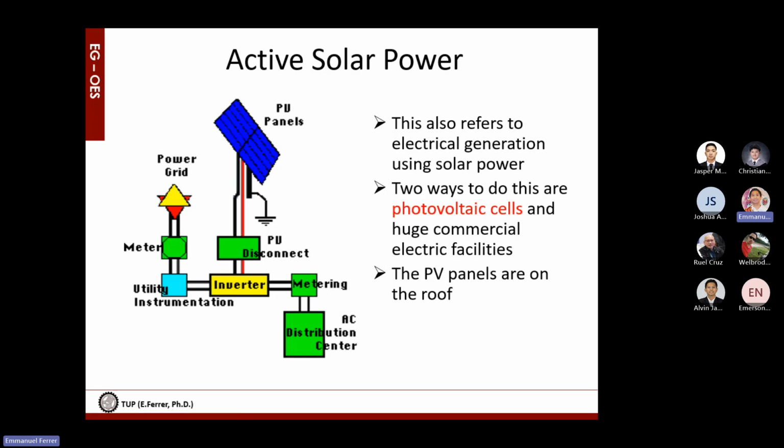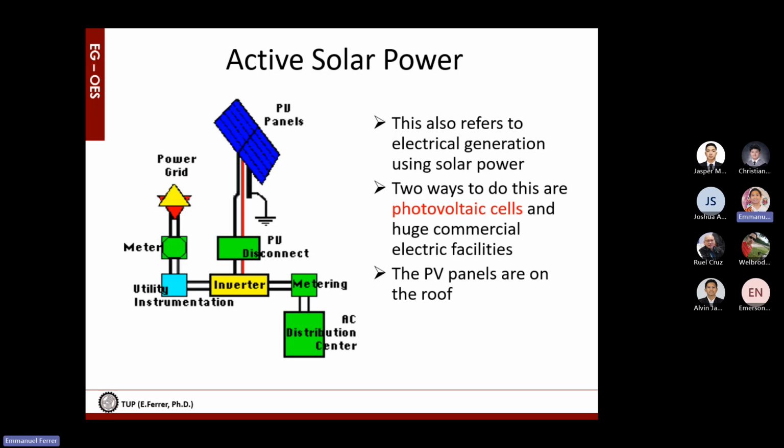Siyempre may requirement yon. So for example sa'tin sa Pilipinas, I think may certain bill ka, amount ng electricity billing para mag-qualify ka to sell or makapag-net metering ng solar power.